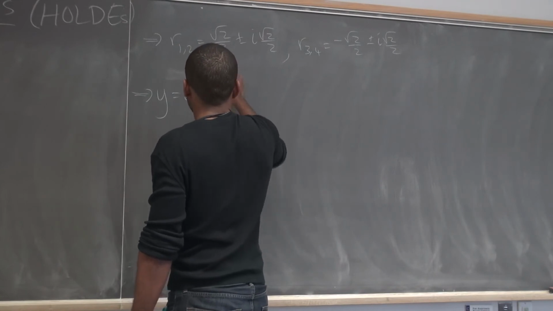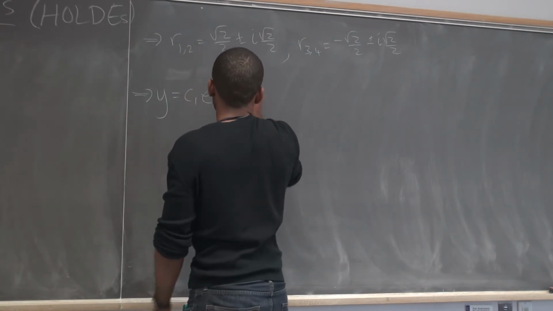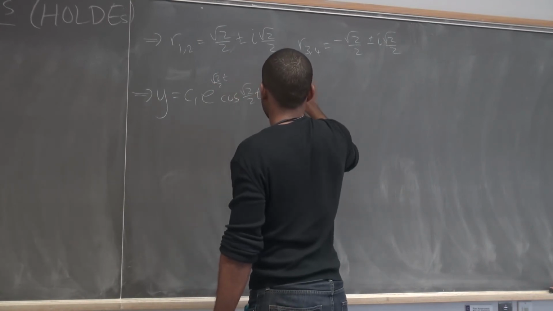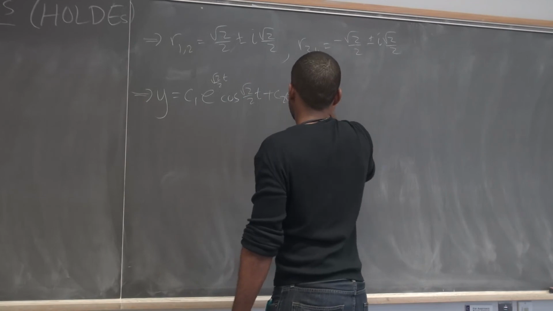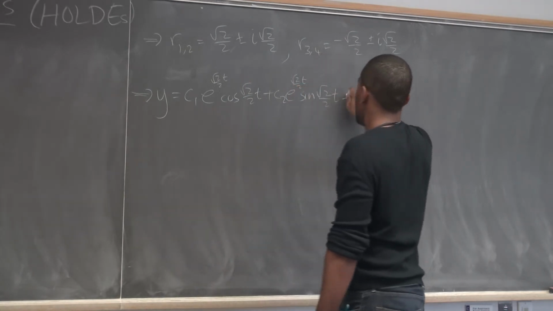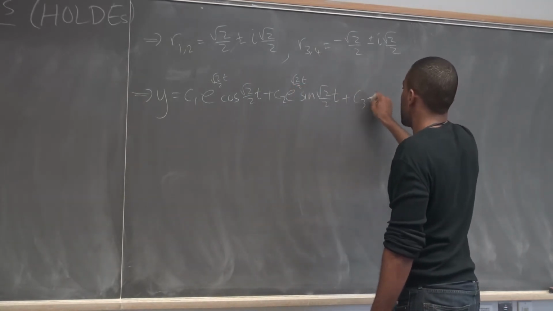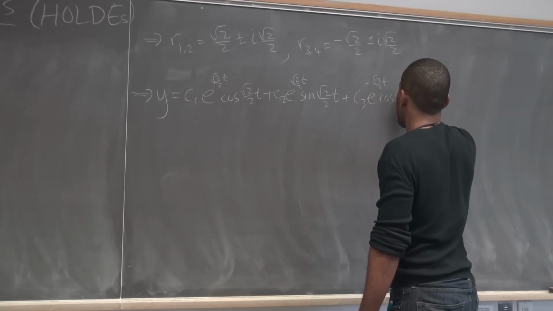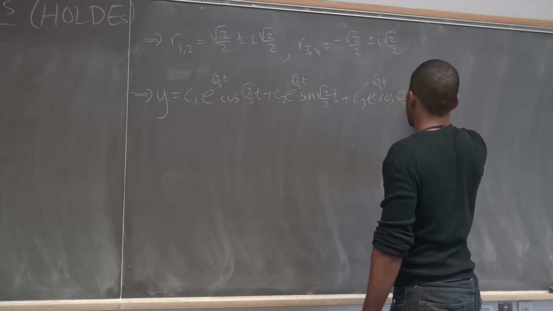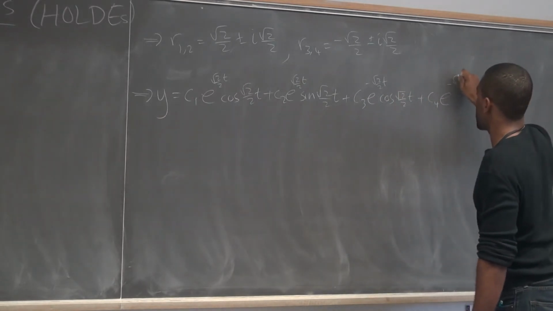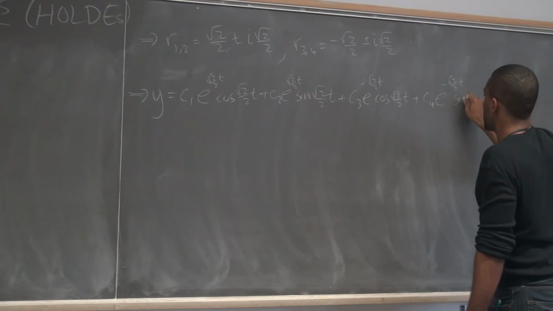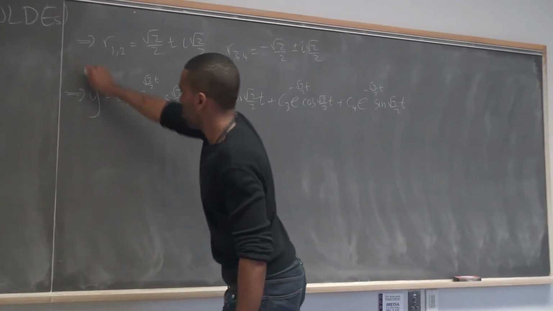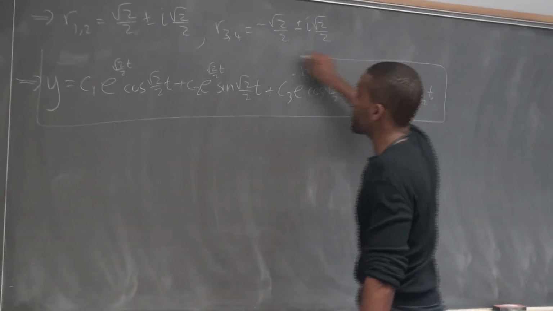So y equals c1 e to the radical 2 over 2 t cosine radical 2 over 2 t plus c2 e to the radical 2 over 2 t sine radical 2 over 2 t plus c3 e to the minus radical 2 over 2 t cosine radical 2 over 2 t plus c4 e to the minus radical 2 over 2 t sine radical 2 over 2 t. That's the general solution.